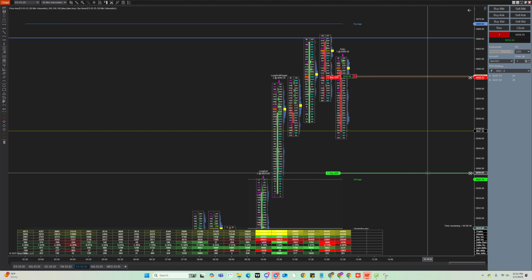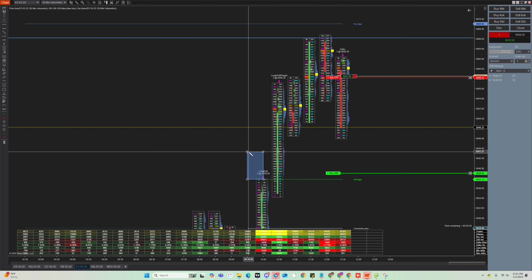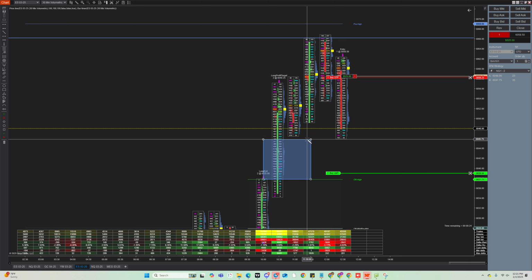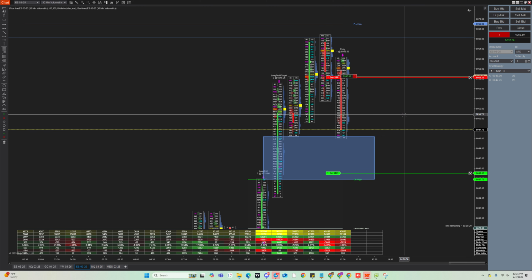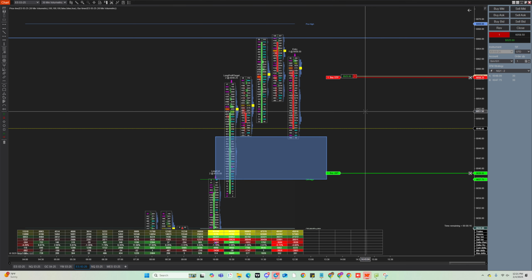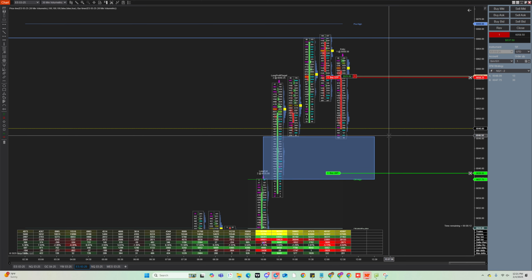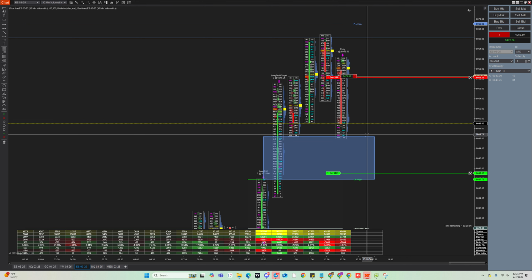Now here we're targeting 39, because it's an opening range high, but not only the opening range high, there's also a single print right here, and only volume market profile traders will understand this. Some people will call it a fair value gap or whatever the case may be, but this is a single print, just the way that market profile traders talk about it.